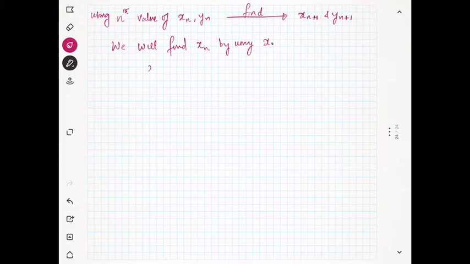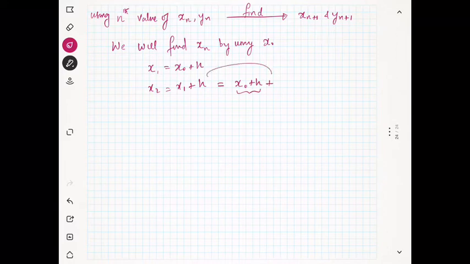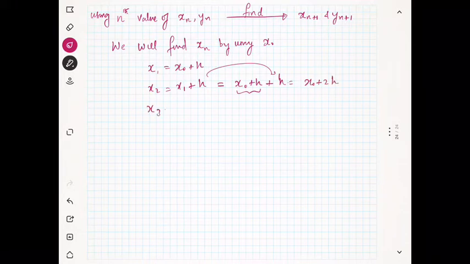Similarly, x3 is equal to x naught plus 3h, and so on.